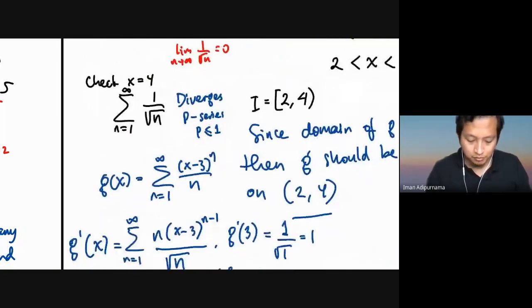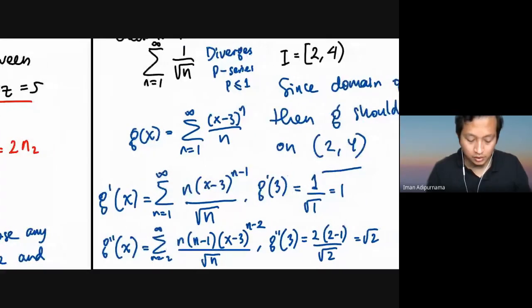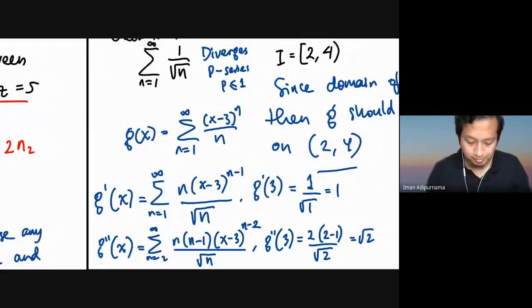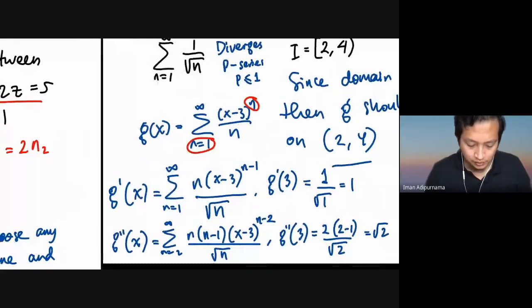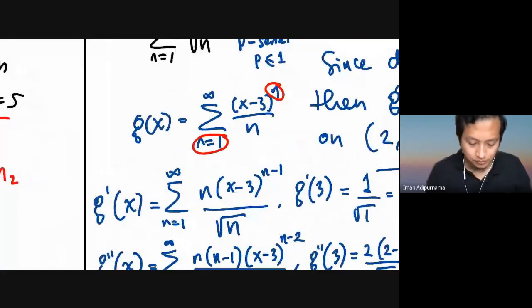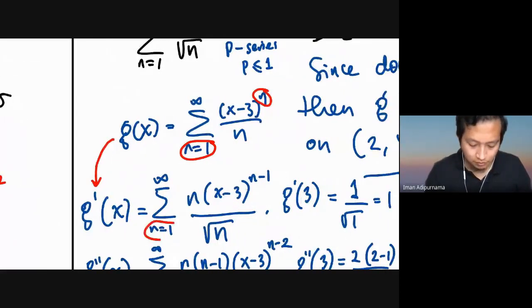So in order to see the question in a clearer way, you need to check the n first. Okay? So the n, for example from g to g prime, is still the same, equal 1, because when you plug in 1, there's nothing wrong, right?